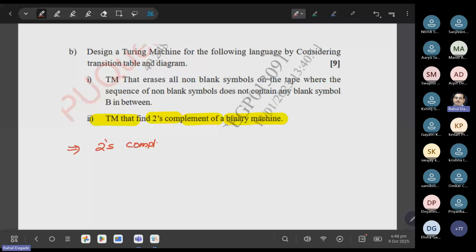Okay, so this is called 2's complement. So we have already implemented 1's complement, and now we just have to add 1 to it.